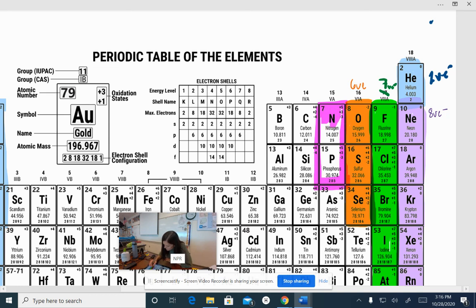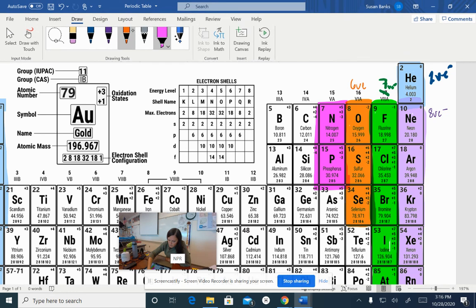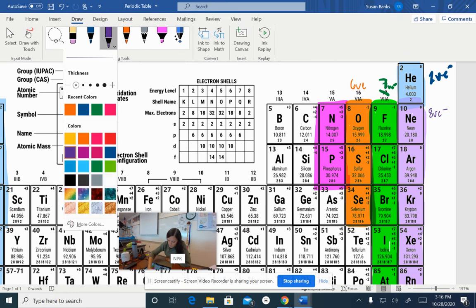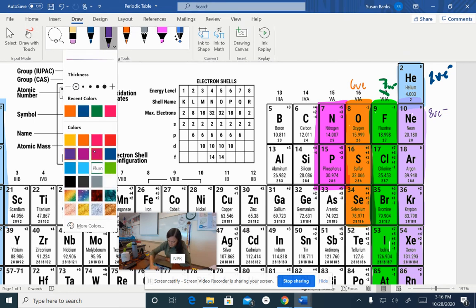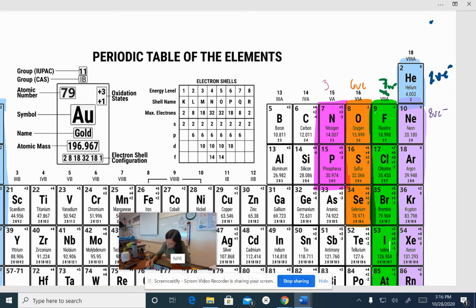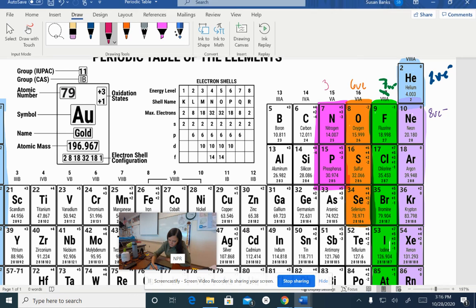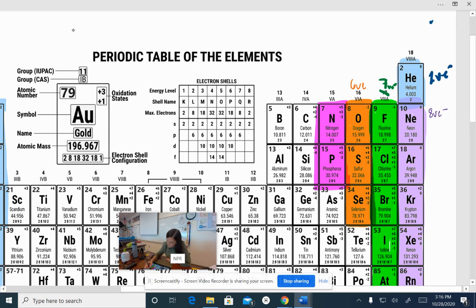And sometimes arsenic, but we'll leave arsenic out for a second. These guys have, so if I change my pencil to magenta, we're going to call this, not 3 valence electrons. I am losing my mind. These are 5 valence electrons.